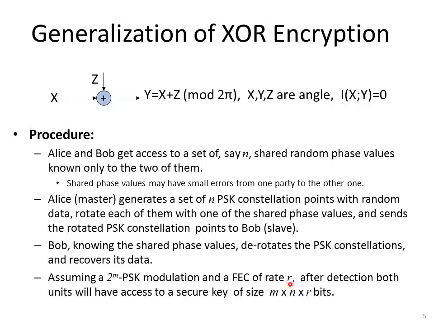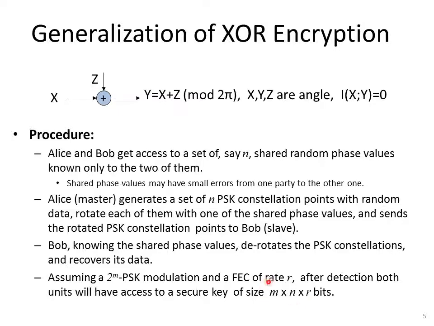So if the rate of the FEC is r, after detection, both units will have access to a secure key of size m times n times r, because each PSK transmission had m bits of random data generated by Alice and sent to Bob, times n because we have n shared phase values, and each shared phase value essentially was used to rotate and derotate one PSK transmission, and times r because we have forward error correction, and the effective rate will be r.